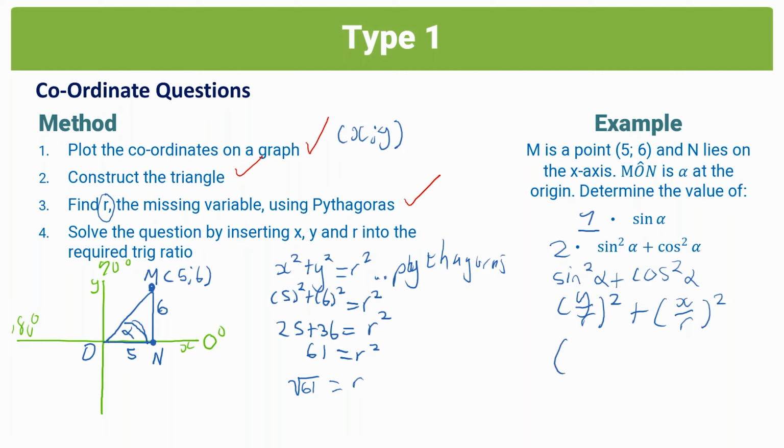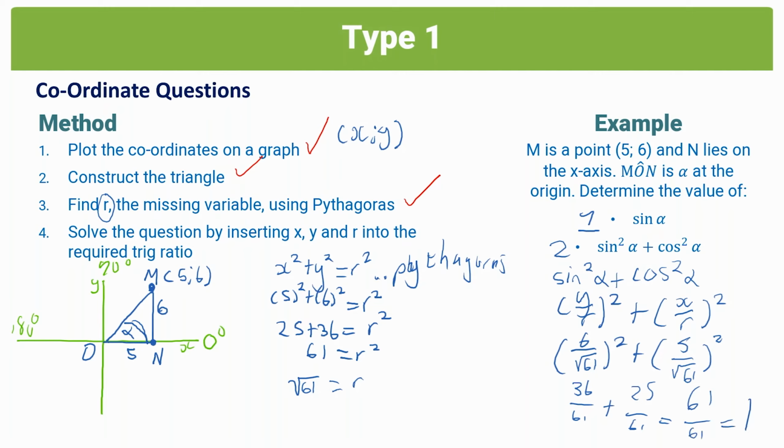We can substitute our values in: y being 6, r being root 61, and x is 5, and r is again root 61. That's going to give us 36 over 61 plus 25 over 61, which is 61 over 61, which is 1.